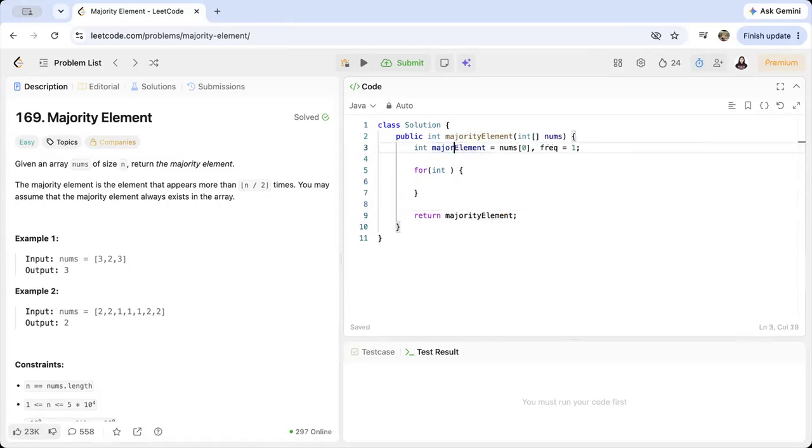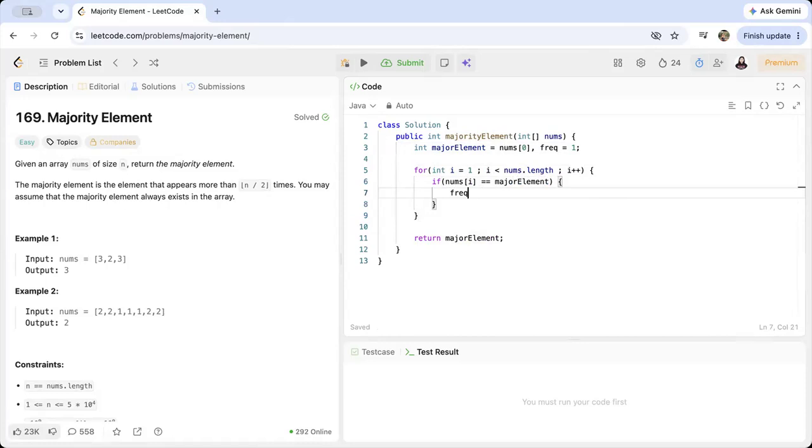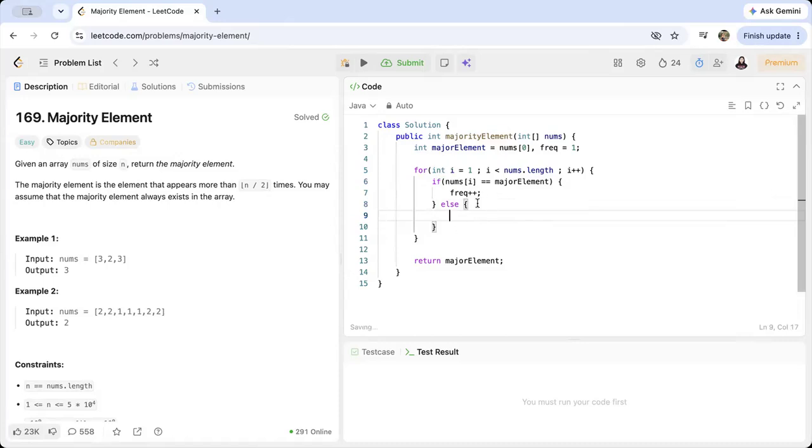Yeah, major element, let's rename this. We'll iterate starting at index 1 up until n minus 1. What we do is check if nums of i is equal to the major element, then we increase the frequency of that number. Else, if nums of i is not equal to the majority element, we check if the frequency is 1.